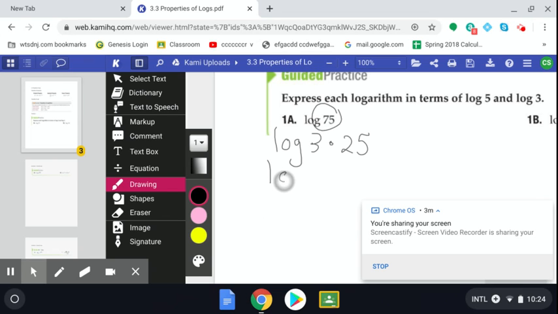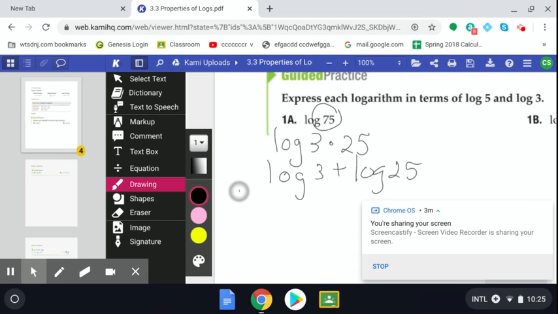So I get log 3 plus log 25. Now the thing is I cannot use 25, so I have to make sure that I rewrite 25 in terms of 5. I have a couple choices here. I can write log 5 times 5 and then write log 5 plus log 5. Or I can just write 25 as a power of 5.